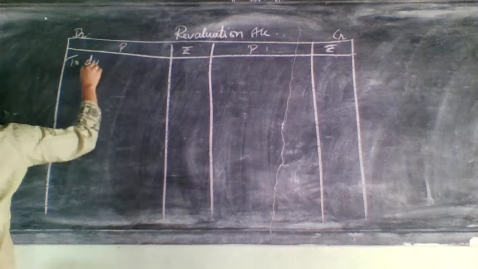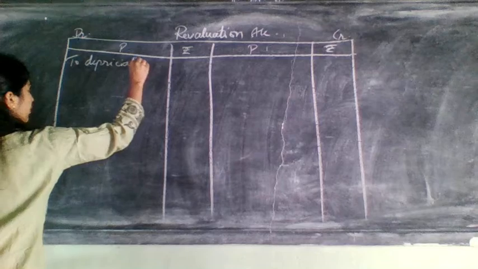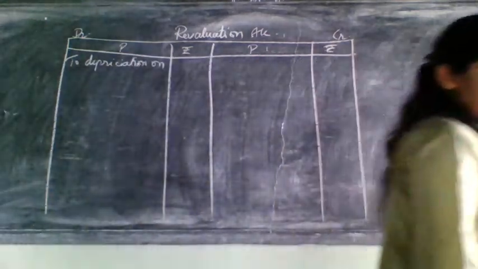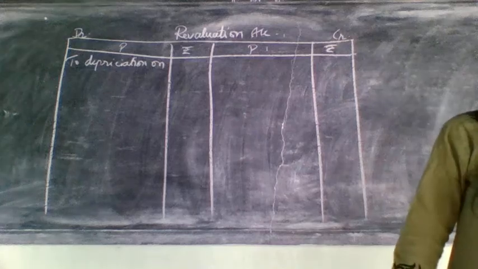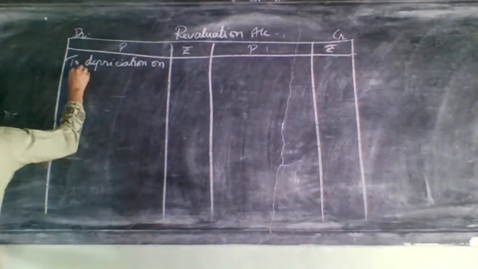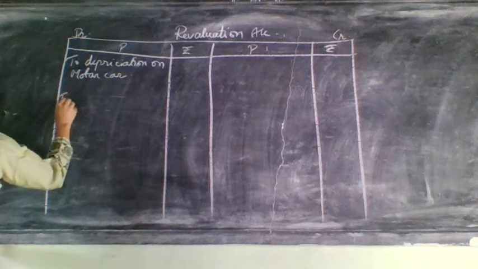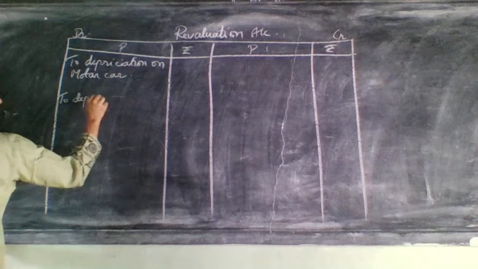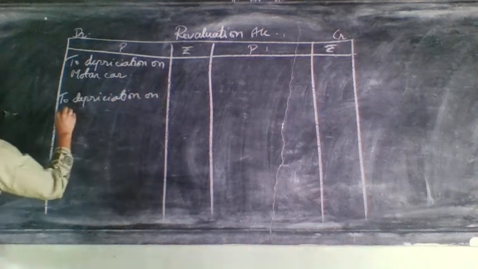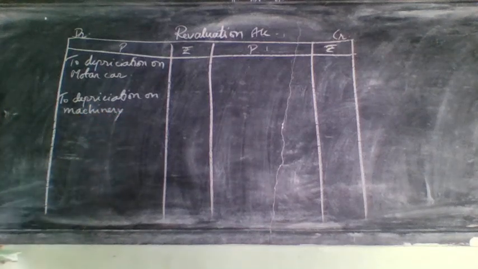So write: depreciation on motor car, and next, depreciation on machinery. For the first one they have given a percentage.